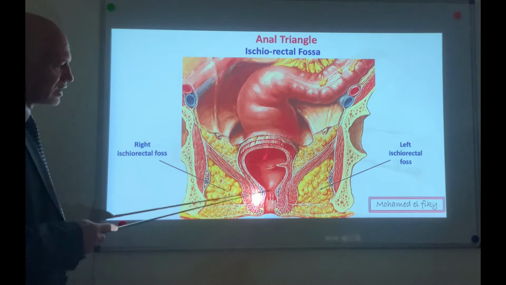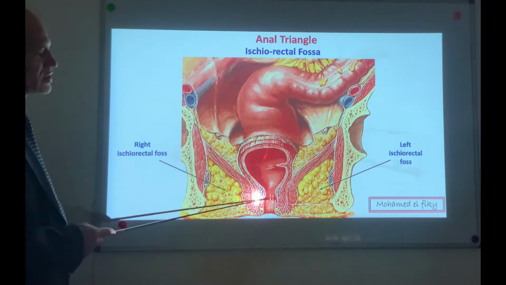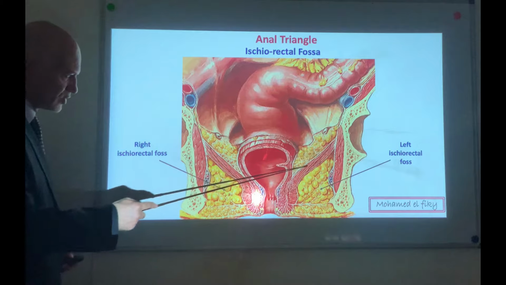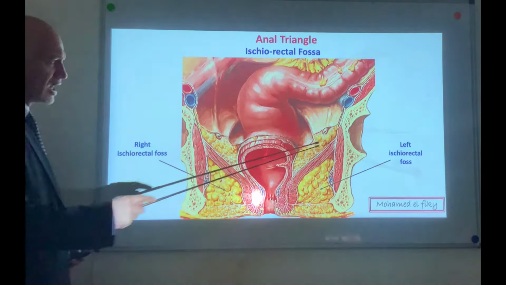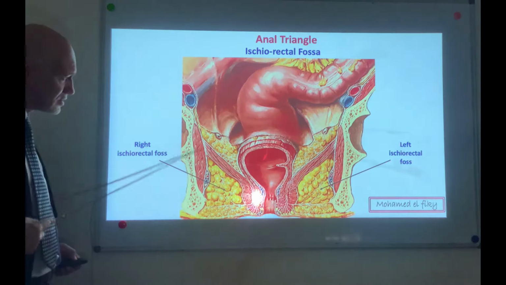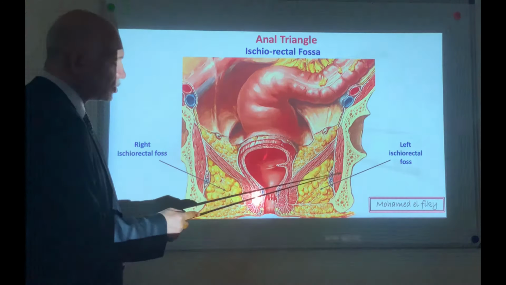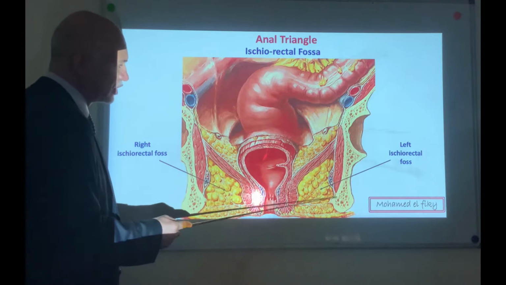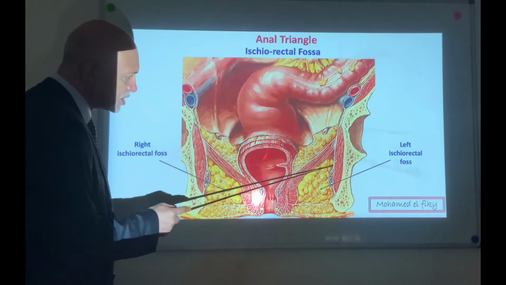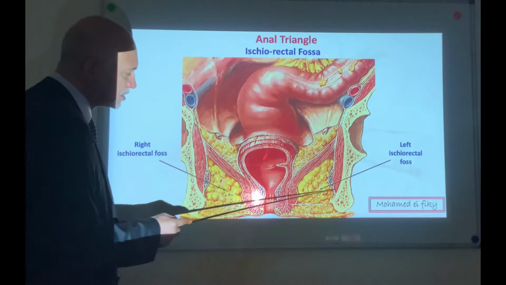This is the anal canal. This is the coronal section, and this is the levator ani muscle. And this is the lateral wall of the pelvis. And this muscle, obturator internus, is covered by fascia called the obturator fascia. In the obturator fascia there is a canal called the Pudendal canal.